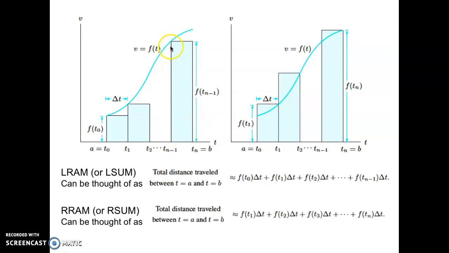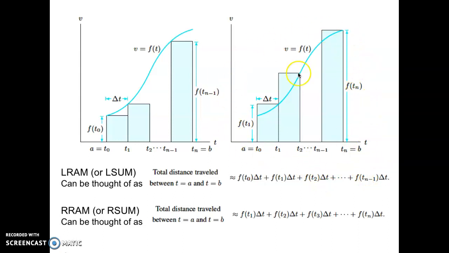We use the one right next to b, that value that's right next to our endpoint. This is called a Riemann sum, or the sum of all the rectangles if you add up length times width, length times width, to the last length times the last width.